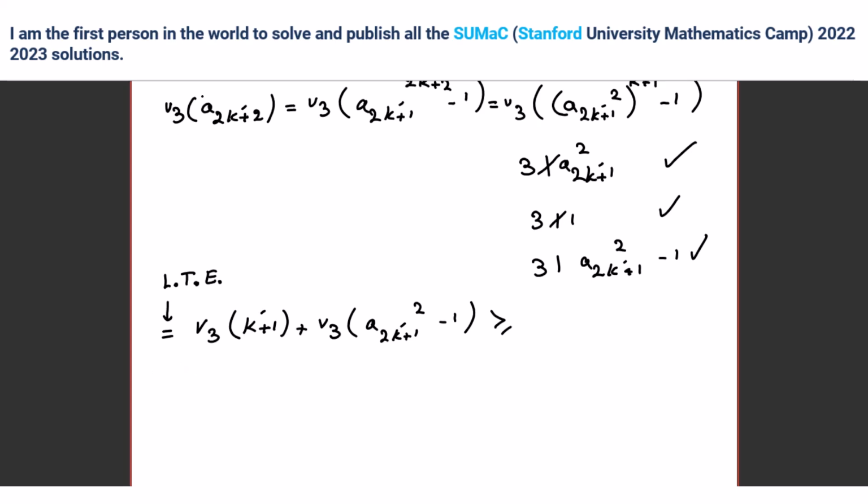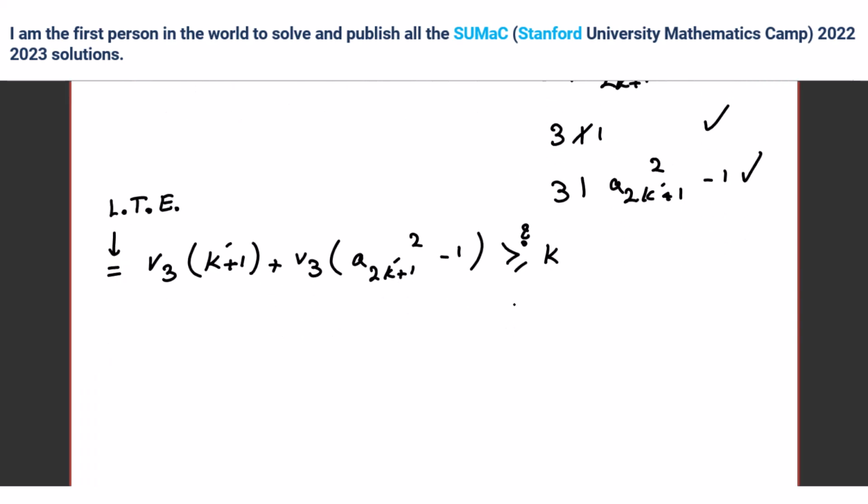Yes, we want this to be at least a multiple of 3 to the k. So V3 of that should be at least what? K plus 1. At least k, right? Yeah. Because it says we should prove that it is a multiple of 3 to the k, always for all k's.